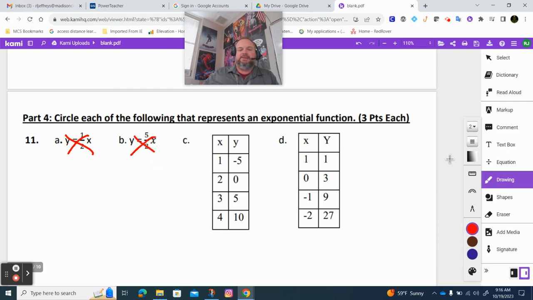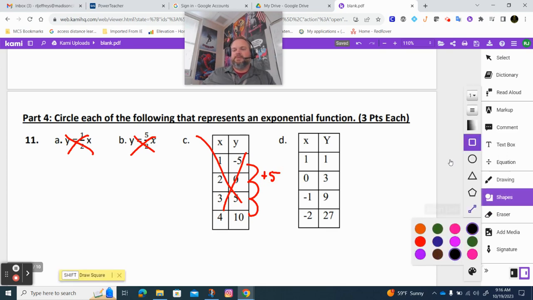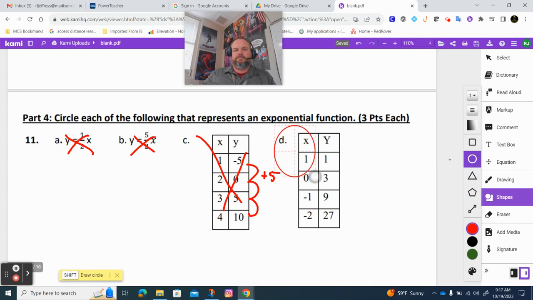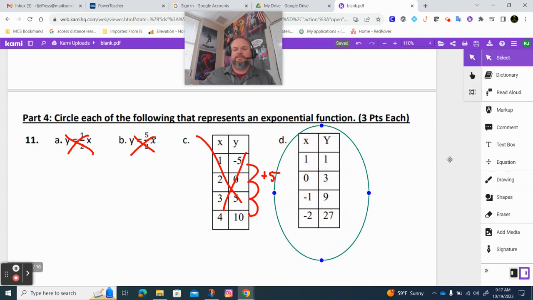This is not it. This looks like I'm adding 5 each time, so that's not it. So it has to be D.